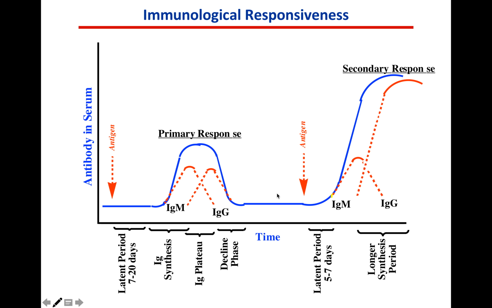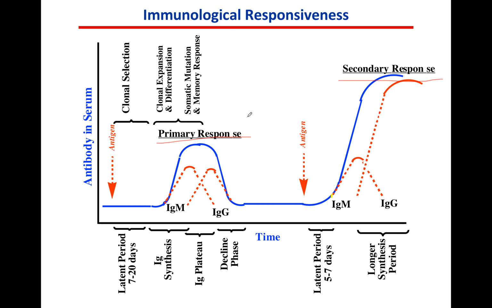Now, if we go back and look at the immunological response, we have the primary response, and then we have the secondary response. Where do these things fit in this process? What we see is that clonal selection, expansion and differentiation, somatic mutation, and the memory response all occur in this first part. You select out the B cells that are important, and they are expanded.